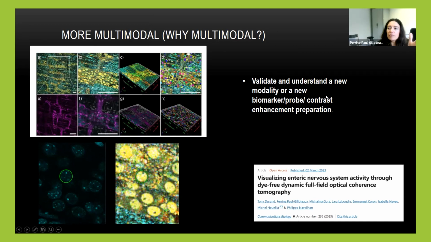And the basic idea is just to merge with an image where you have known markers. So for example, in that context, it was to differentiate different kinds of cells and see the nuclei and different markers of different cell types.